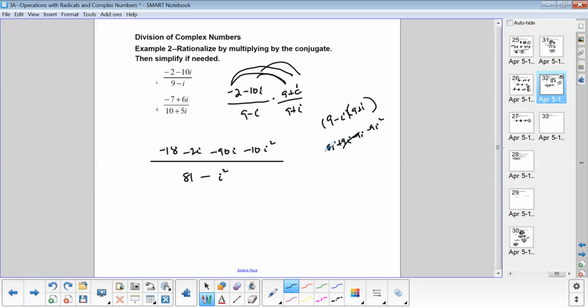So those go to 0, and you're left with 81 minus i squared. And i squared is -1, so we would have 81 plus 1.